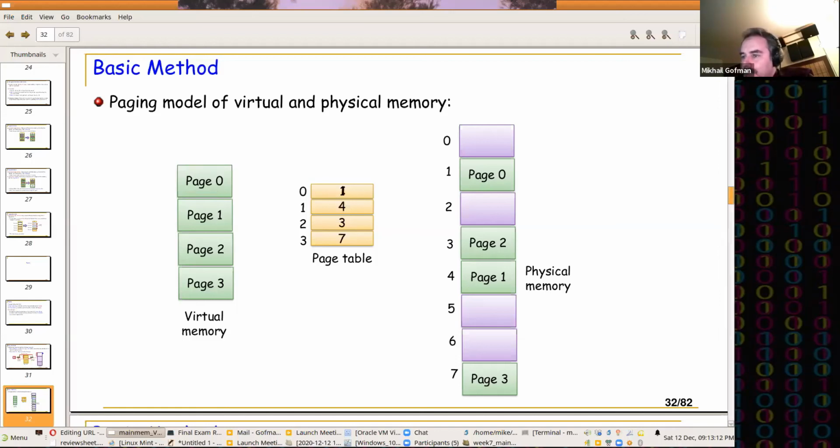I see that the value of this location is 1, so I know page 0 is mapped to physical frame 1. Similarly, with page 1, I index to location 1, and it's mapped to physical frame 4. Page 2 is mapped to physical frame 3, and page 3 is mapped to physical frame 7. That's basically the idea.